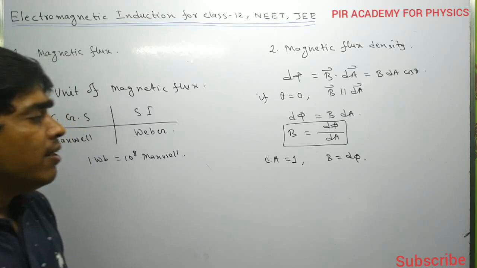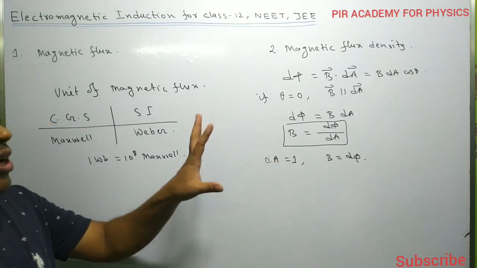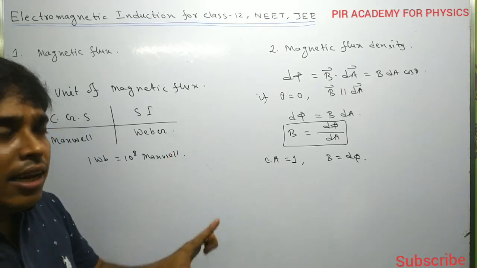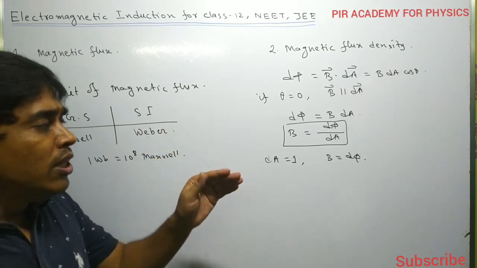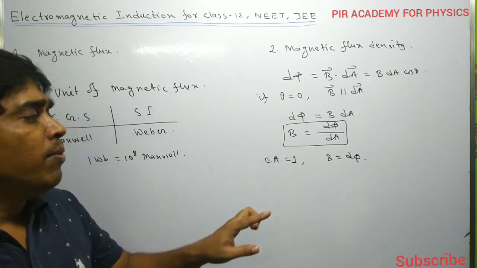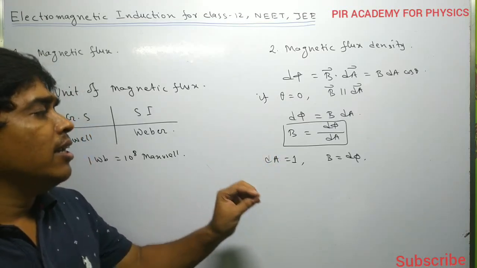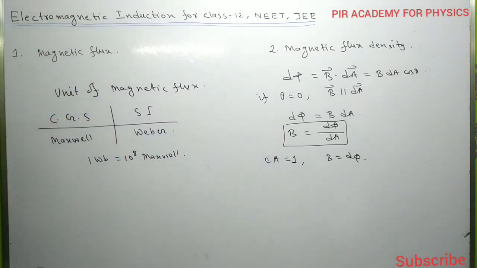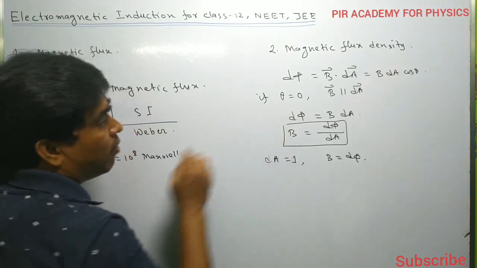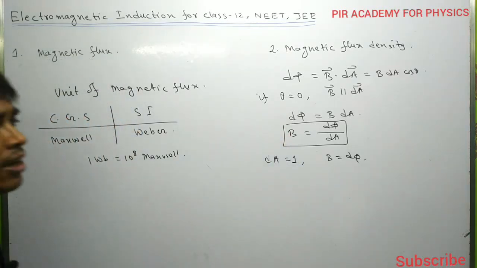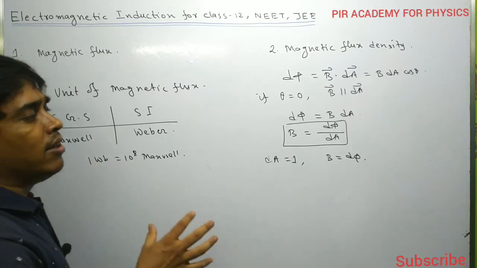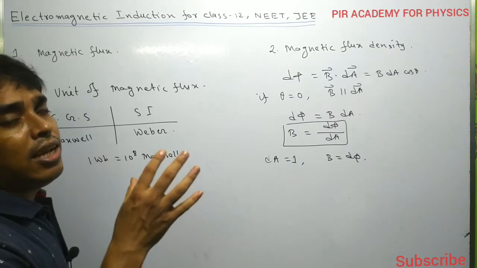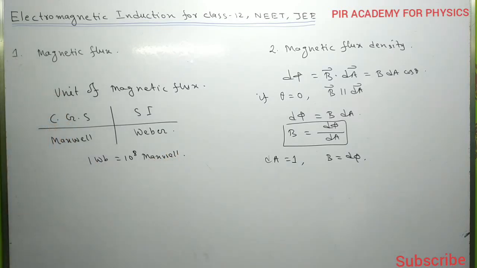If I place a unit area in a magnetic field, then the total magnetic lines of force crossing the unit area perpendicularly, that flux will be equal to the magnetic flux density. So magnetic flux density is the total flux for a unit area.